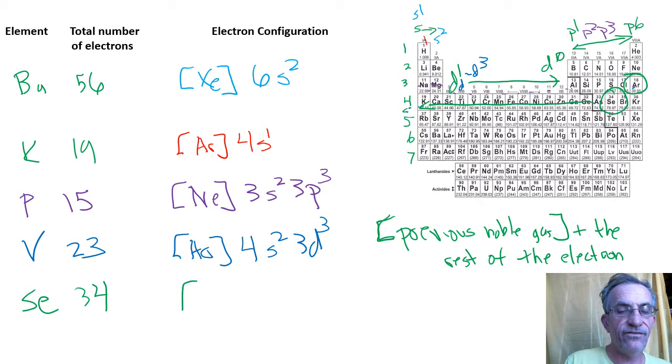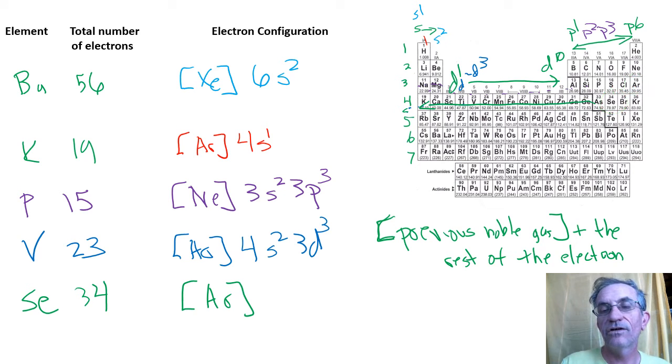Next question I have for you. What are you going to have to write after argon? So it's argon followed by 4s2. And then we get into the D region, and we fill the D region all the way up.